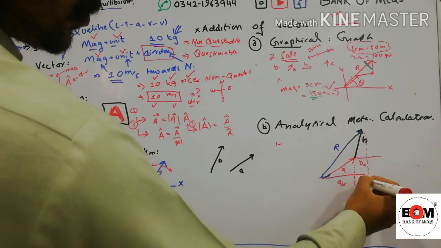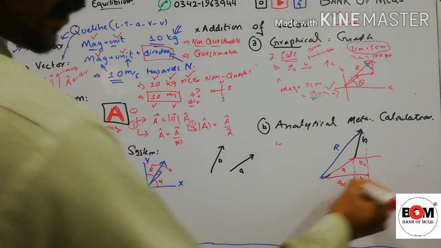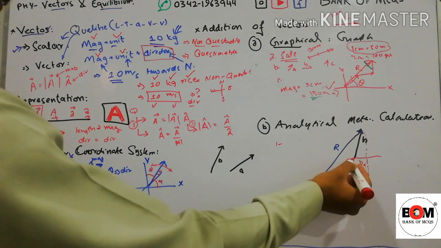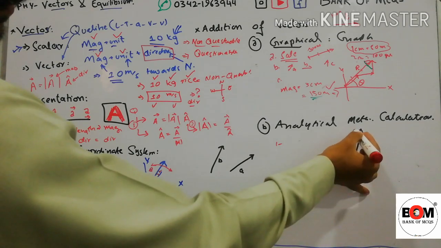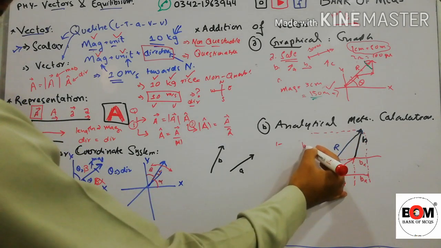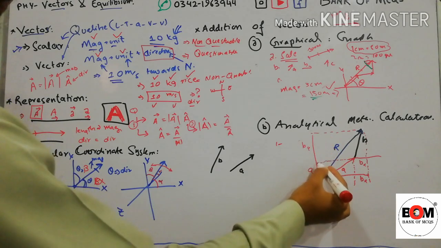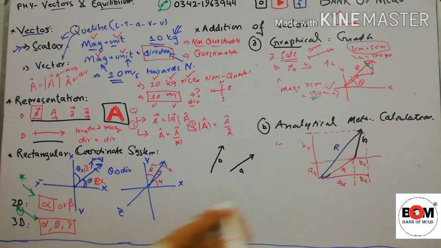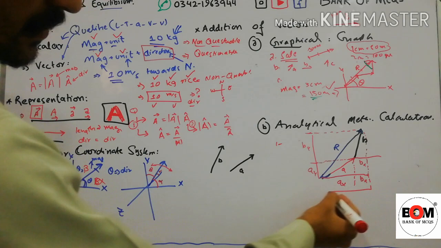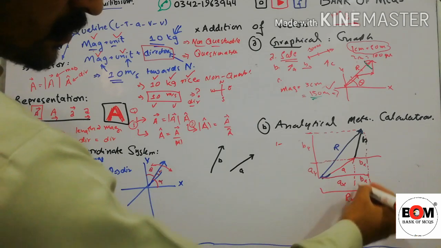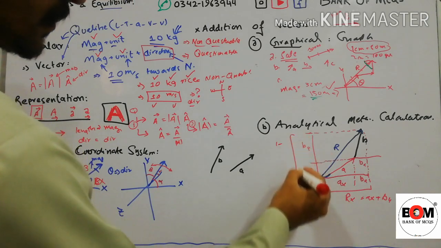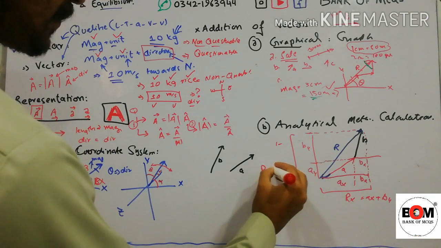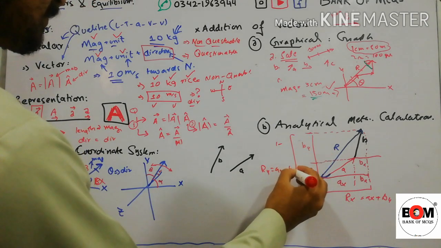So this Bx is equal to this part. The next is to draw on the vertical axis the A part, so we will get Ay, and also draw By on this axis. So we can say that this is the resultant Rx, which is Ax plus Bx, and this is the resultant Ry, which is equal to Ay plus By.